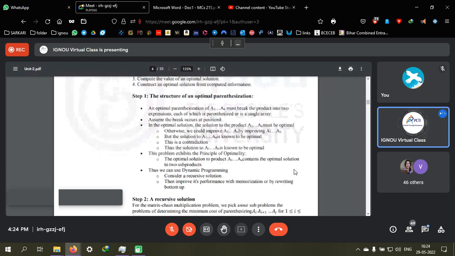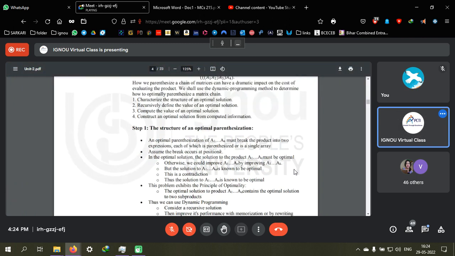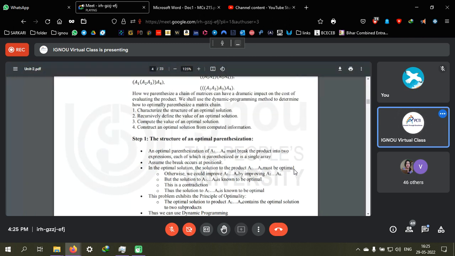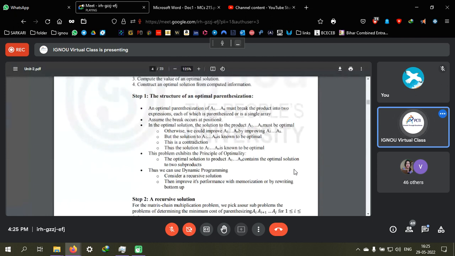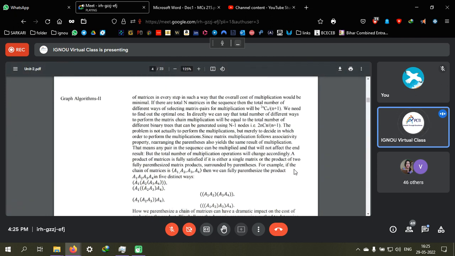The first step is the structure of an optimal parenthesization. We find the structure of an optimal solution, then recursively define the value, then compute the value, and in the last construct an optimal solution from the computed information. So the first one is the structure of an optimal parenthesization. That means we have to define with parentheses which approach we are using. We are using this approach, this approach, or this approach.